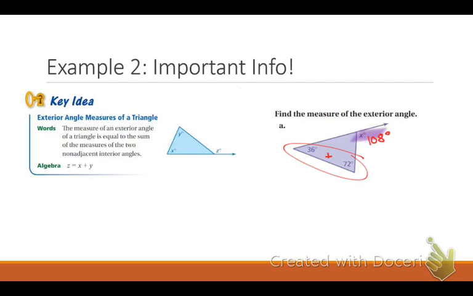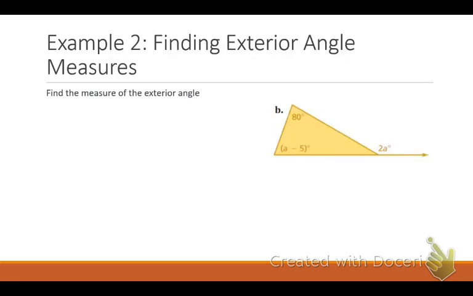Here's what we see in example 2. We see an exterior angle 2A, and we see the interior angles 80 and A minus 5. I still have to apply my rule that says my exterior angle is equal to the sum of my two non-adjacent interior angles.